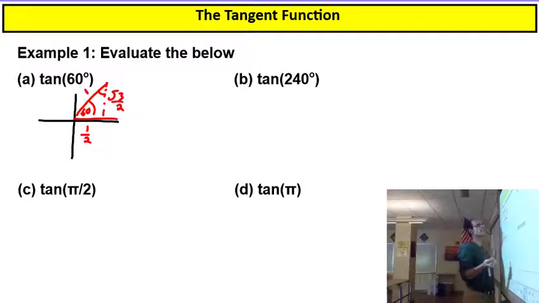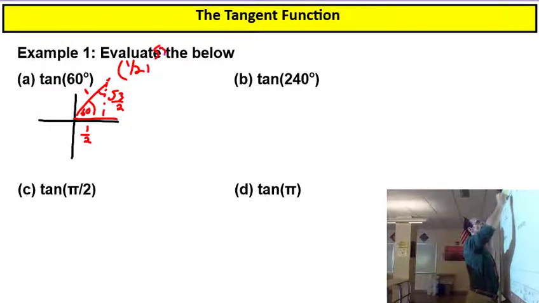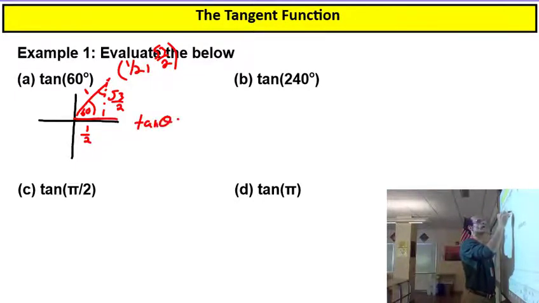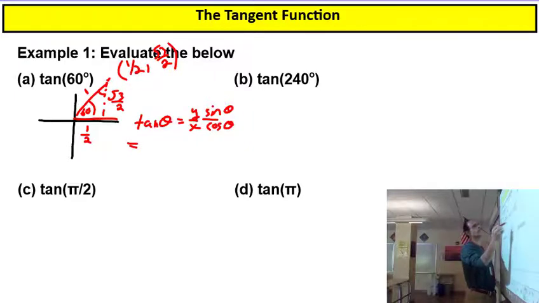Now if I want the tangent, the sine and cosine are the x and y coordinates. So the cosine is the x, is the half, and the sine is the y, which is radical 3 over 2. The tangent of your angle is going to be equal to the sine over the cosine, y over x, and that's going to be radical 3 over 2 divided by 1/2.